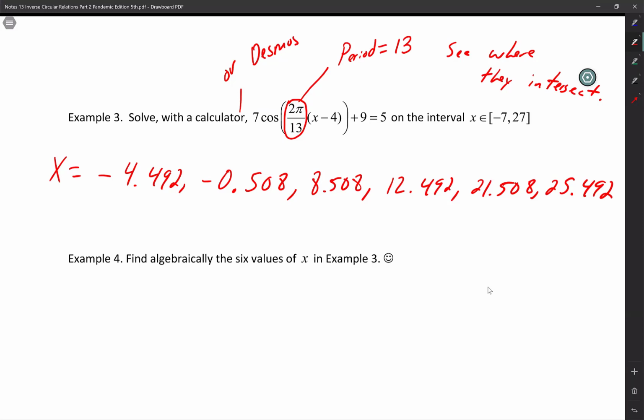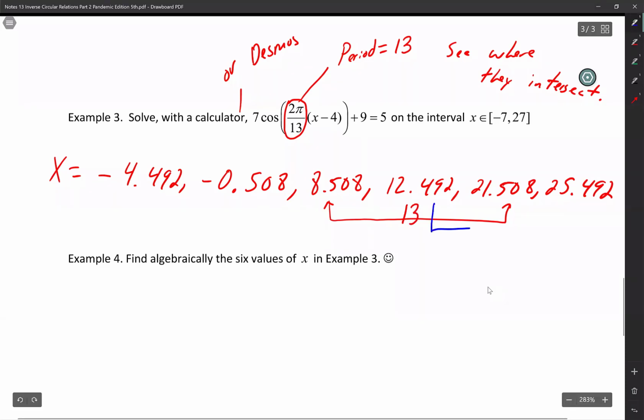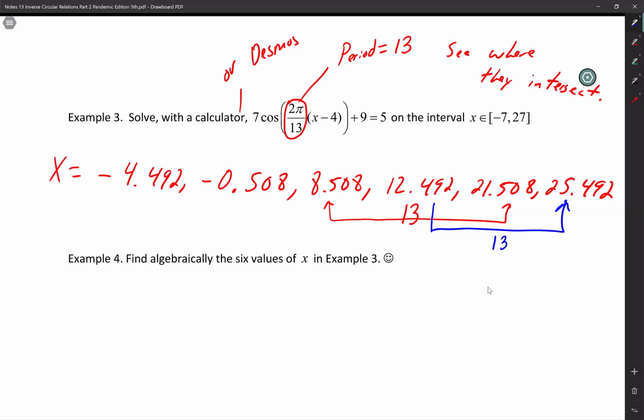Okay. I want you to recognize, let's see, which one's easy to see. Look at this. What is the difference between 8 and 21? 8, 18, 19, 20, 21. 13. Wow, look at that, guys. What is the difference between 12 and 25? 13.